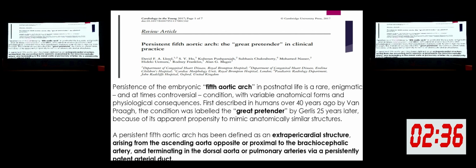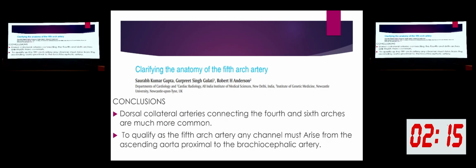Depending on that, there is a classification: systemic to systemic persistent fifth aortic arch, or systemic to pulmonary fifth aortic arch, depending upon where the distal end is connected. So our distal end was connecting with the pulmonary artery, but the proximal end was not connecting proximal to the brachiocephalic trunk.